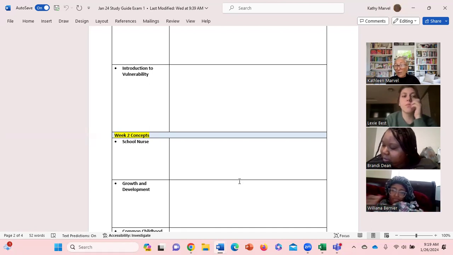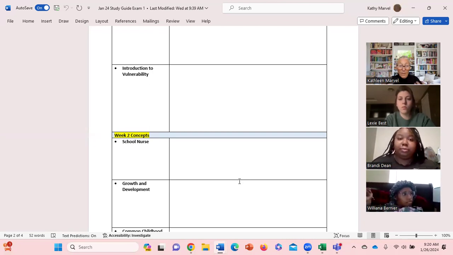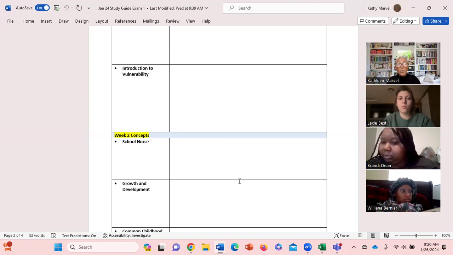Lack of access to health care, lack of access to quality education, lack of access to quality nutritional foods, disabilities. Education plays a role, learning disabilities play a role. Whether you're single and living alone versus living with a family with support. All those play into vulnerability.